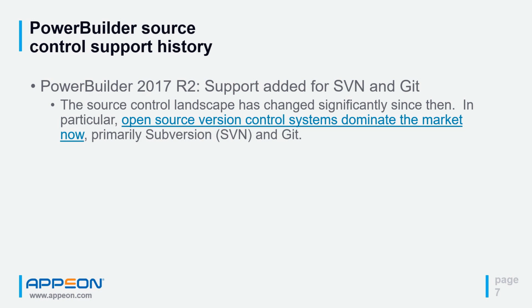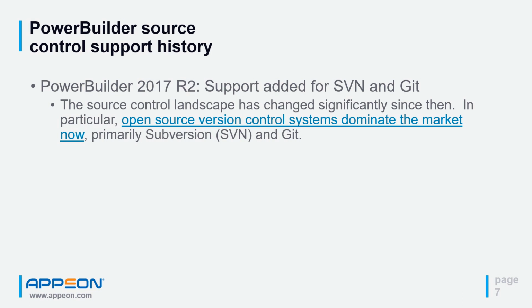What's happened since then is a lot of those vendors have really gotten out of the business, and the predominant source control systems nowadays are all open source. And the two big heavy hitters in that space are Subversion and Git. So that's why Appeon decided that native support for Subversion and Git was important.